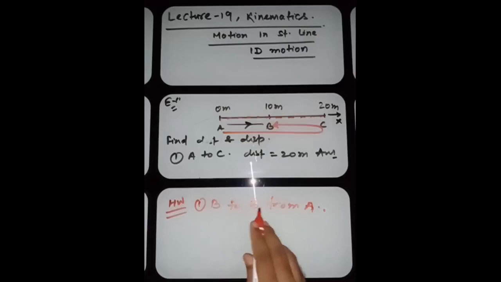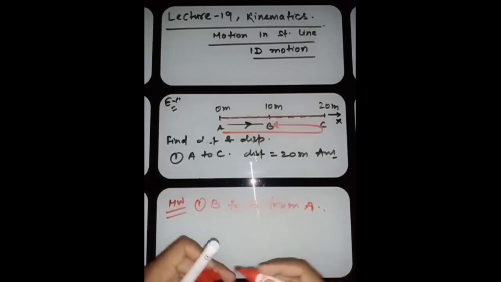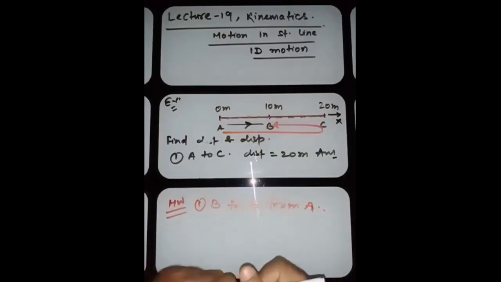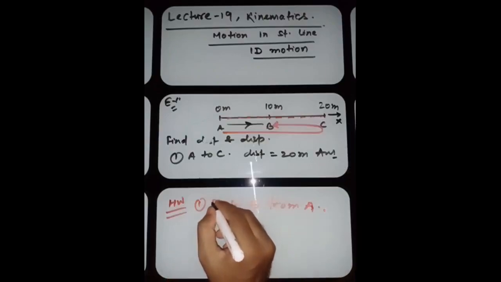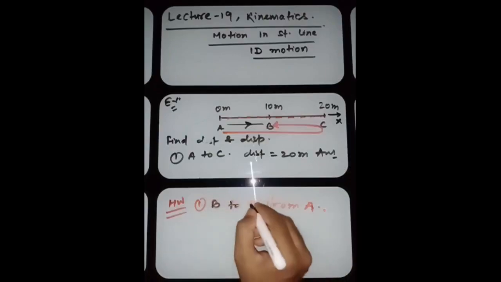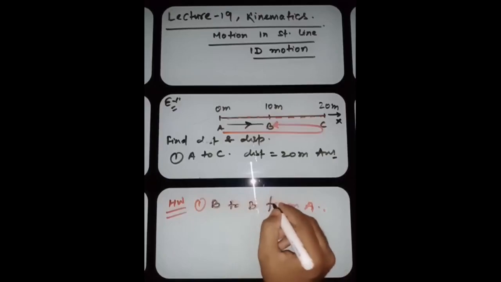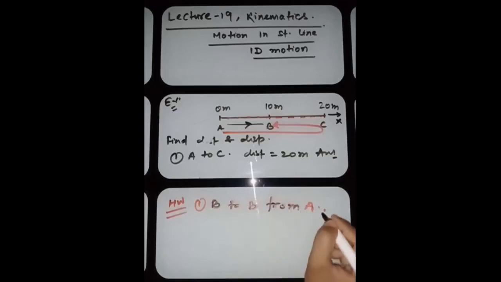Let me write it in black. B to B from A. This is your homework.